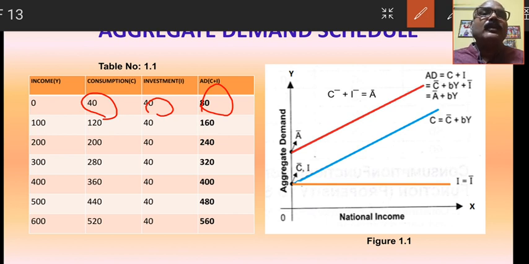Now again your income increases from 0 to 100, then 200, 300, 400, 500, 600, and consumption also increases. So when income increases, consumption increases, but Keynes told that consumption always lags behind income.